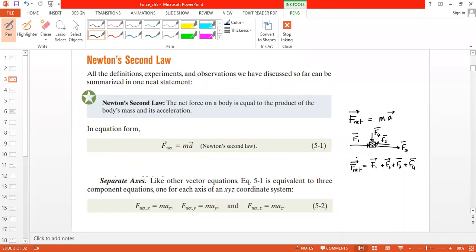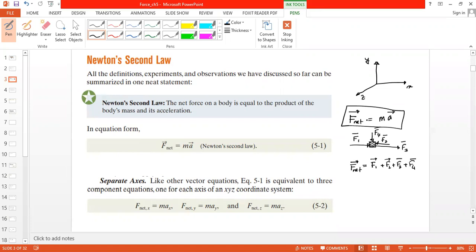Now, most of the time we work with a 2 or 3 dimensional system. Basically, space is 3 dimensional: the x-axis, y-axis, and z-axis are the 3 dimensions. So we can write the second law for a 3-dimensional system.